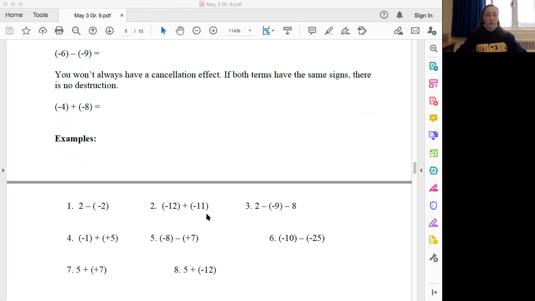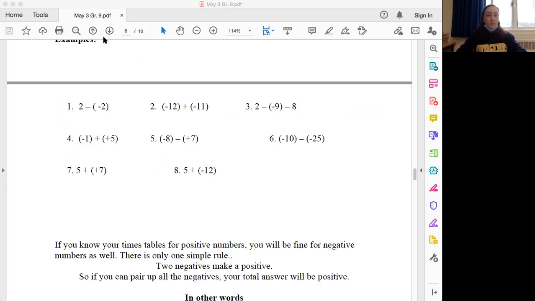So we're going to look at some examples together. 2 negatives put together make a positive. So 2 plus 2. Hopefully you know what that answer is. If not, then I think we have more work to do than we expected. So 2 plus 2 is 4. And then you're going to look at number 2.